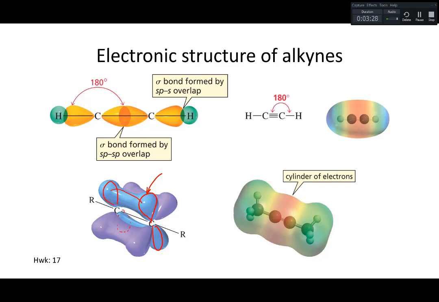But that overlap creates the pi bond. And you have another one at 90 degrees. That's this one here. Again, you don't quite see that one, but it's this overlap that creates that pi bond. When you look at where the electrons are in an alkyne, what you'll notice is this band of red. Remember, this is high electron density.